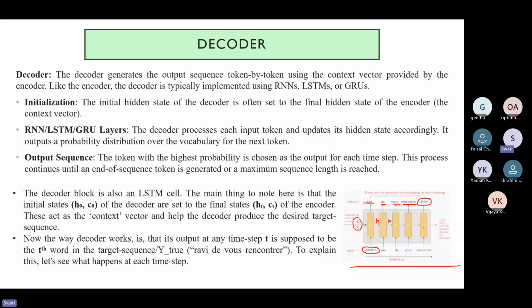And one more thing here, the main thing the researchers found. Suppose this output was wrong. Suppose it produced "rancontre" at the first timestamp. It couldn't understand because, remember, in the encoder you initialized the hidden states randomly, right?